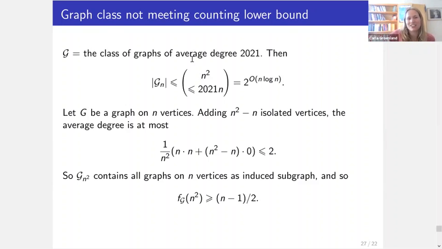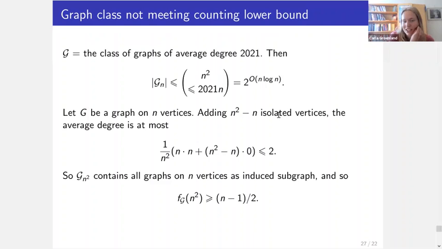If we say we have the class of graphs with average degree 2021, then out of the possible edges we need to select at most 2021n of them. So we actually don't have too many graphs in our graph class. But of course, any n vertex graph, we can force it to have low average degree by just adding a lot of isolated vertices.